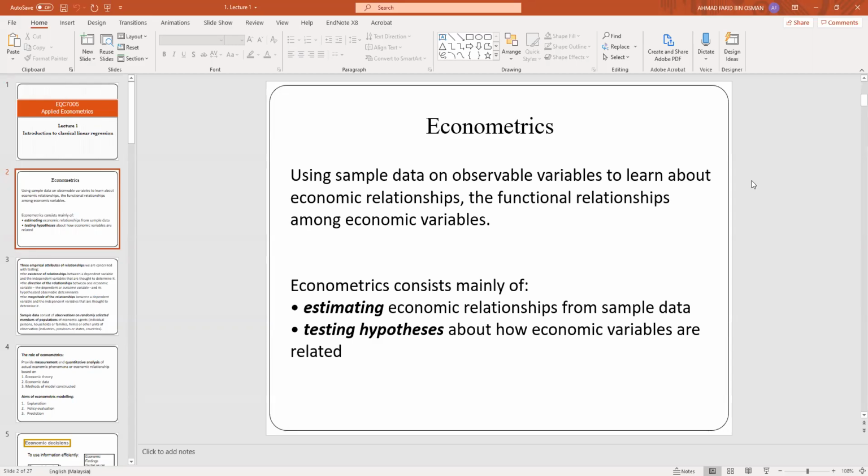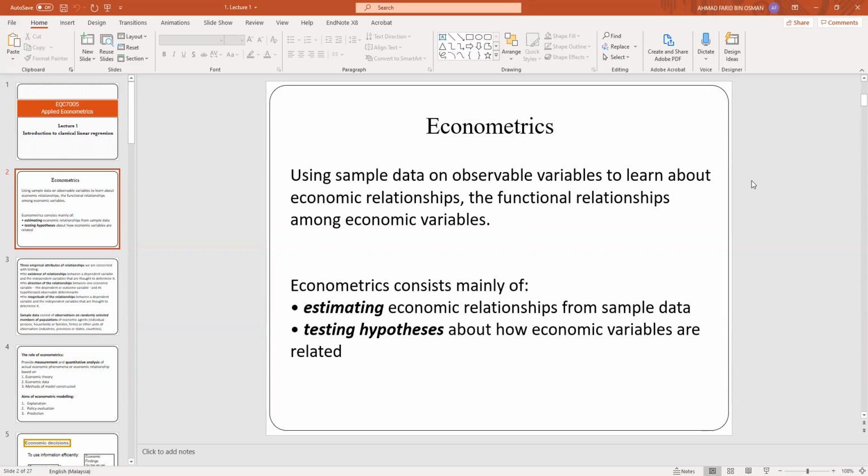So econometrics consists mainly of two things. The first one is estimation, and the second one is to perform hypothesis testing. Okay, so it consists mainly of estimating economic relationships from sample data, and then testing hypotheses about how economic variables are related.